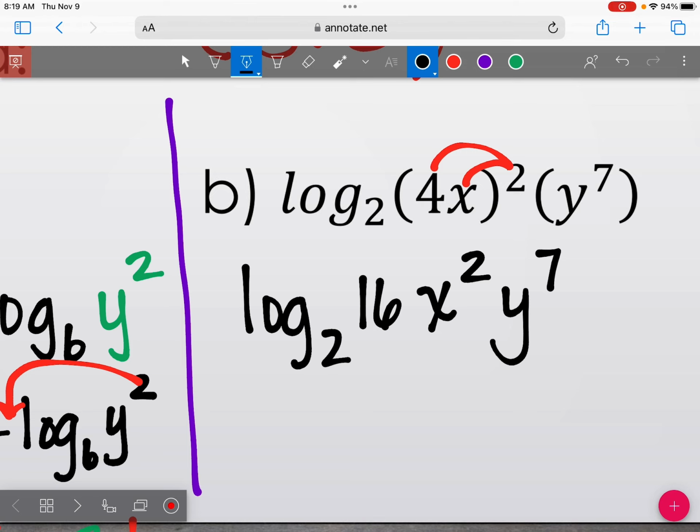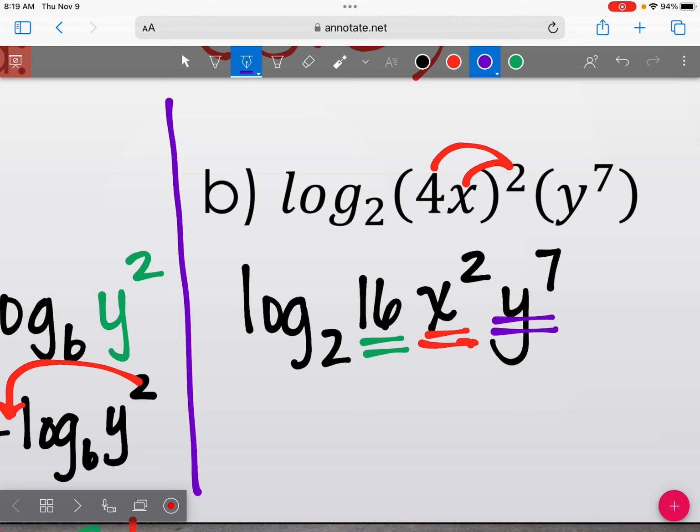All right, so I see 3 terms. Does everyone see that? 16 is a term, x squared is a term, and y to the 7th is a term. So I see 3 terms and they're all being multiplied.